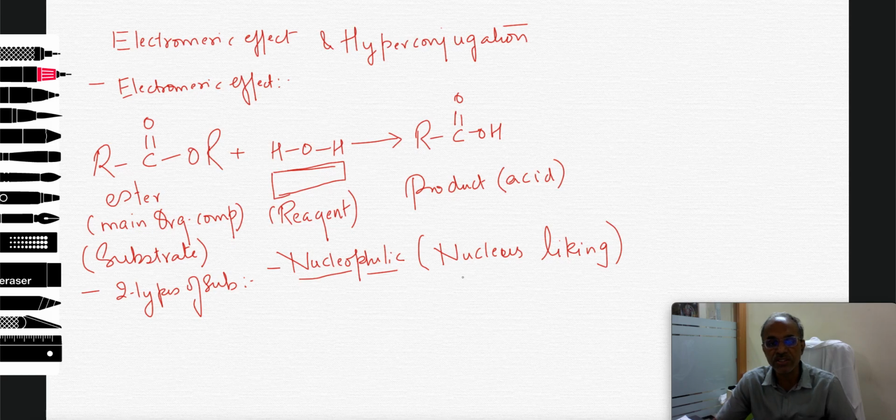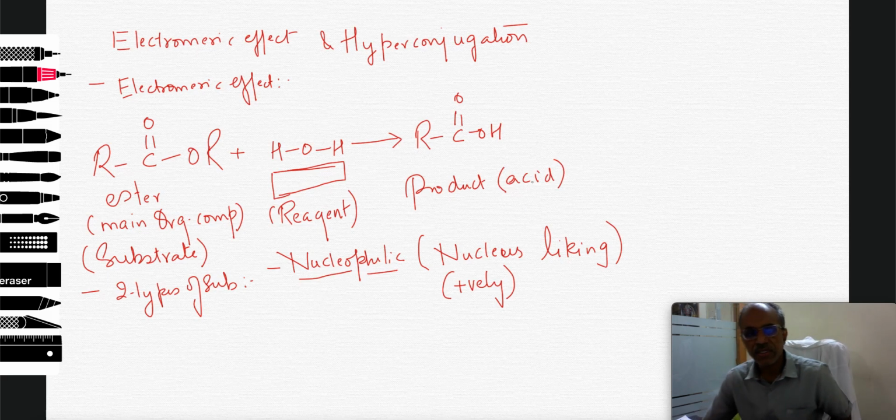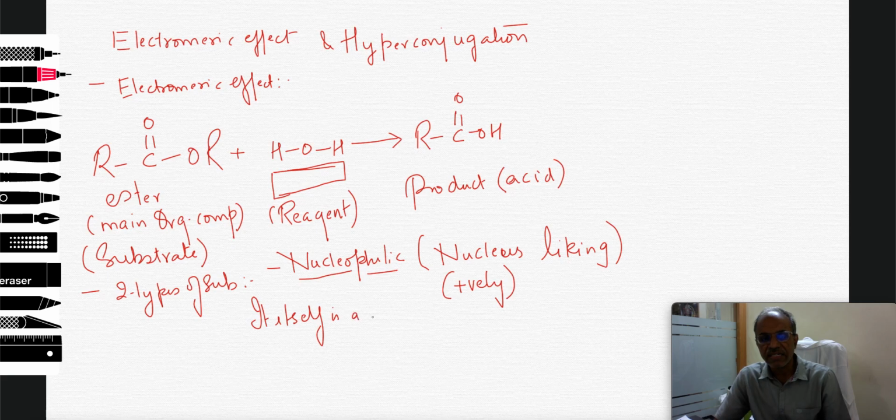Liking for nucleus. In the nucleus there are protons, which are positively charged. If it has a liking for the positively charged nucleus, it itself is a negatively charged species.